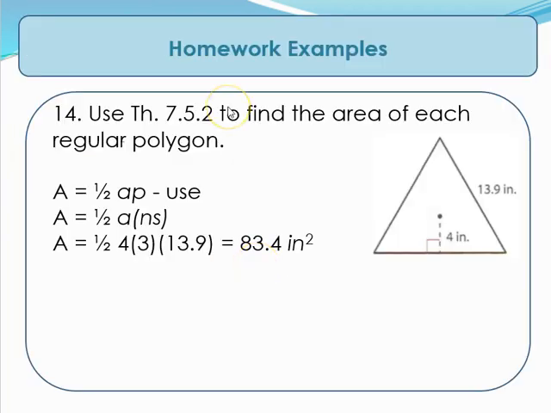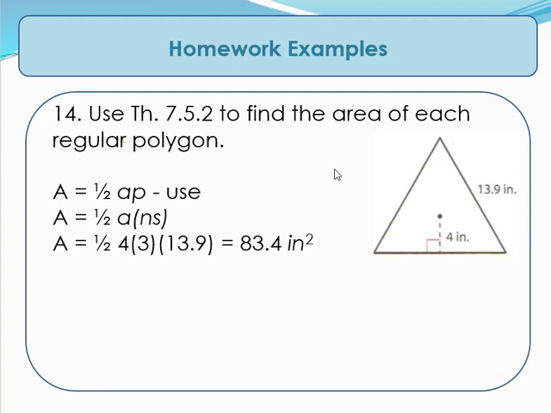So number 14, it says use theorem 7.5.2 to find the area of each regular polygon. So here's our area formula, 1/2 AP. But we're going to use, in this case, just because we're solving a little differently, 1/2 A N S. Remember, that was one of the formulas we used to convert to this one.